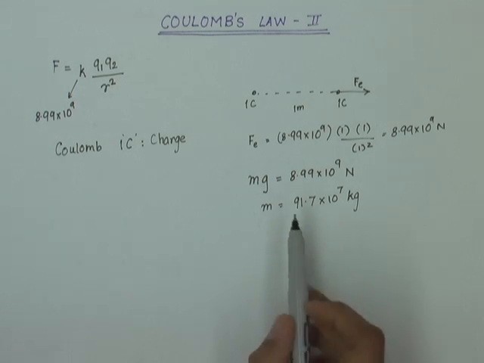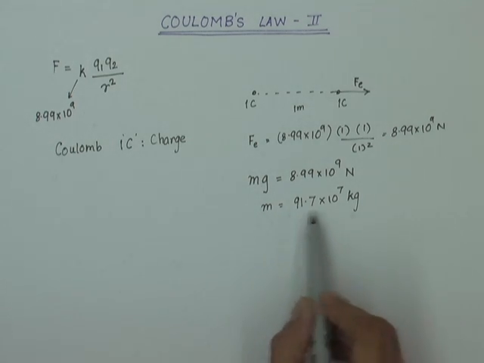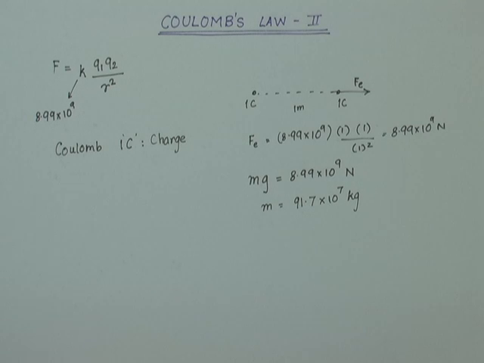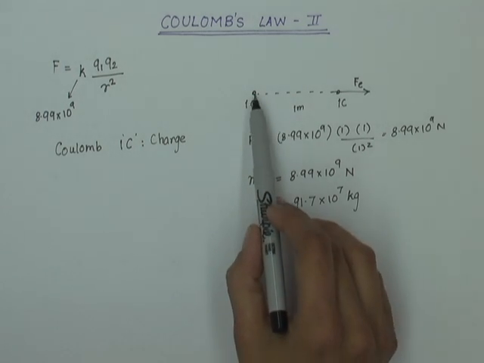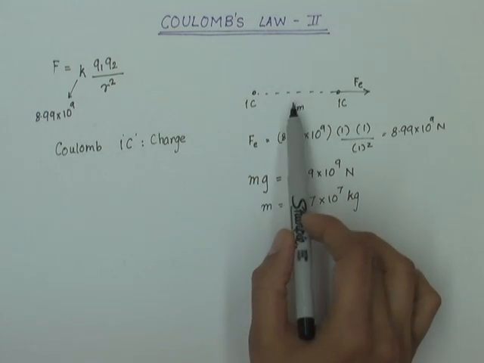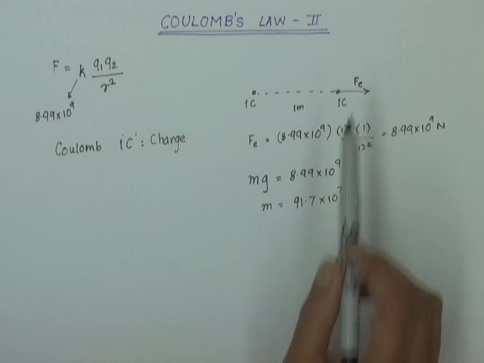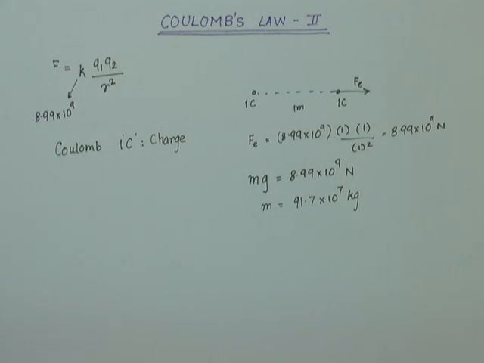What that means is that a mass of 91.7 × 10^7 kilogram exerts a weight, a force, equal to the force that two charges of 1 Coulomb separated by 1 meter will exert on each other. And as you can see, that is a huge amount of force.